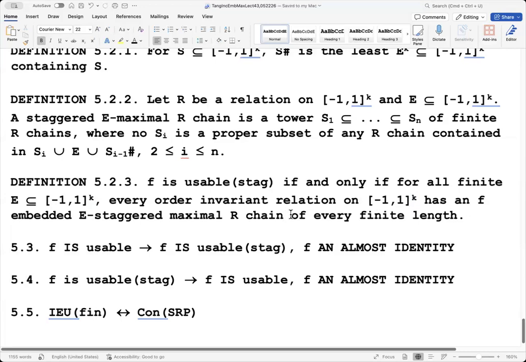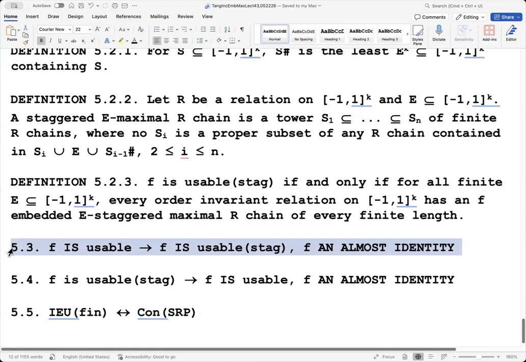Okay, that's what it means to be usable. And so we have: F is usable implies F is usable stag, and F is usable stag implies F is usable. I see pretty clearly I need to have F. We need to know something about F. Almost identity is a good notion.